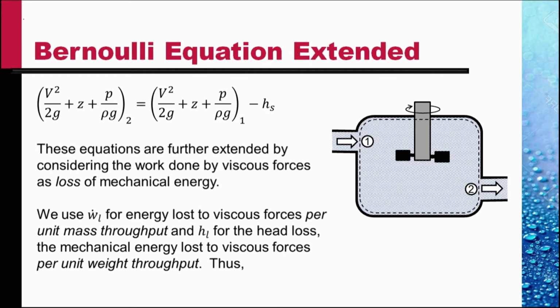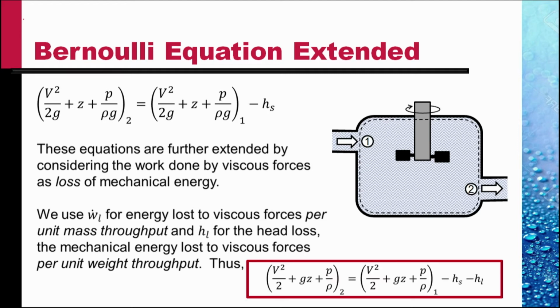If there is any work done by viscous forces within the control volume, we'll consider that as a loss of mechanical energy. We use WL dot for the energy lost to the viscous forces per unit mass throughput and HL for the head loss for mechanical energy to viscous forces per unit weight throughput.